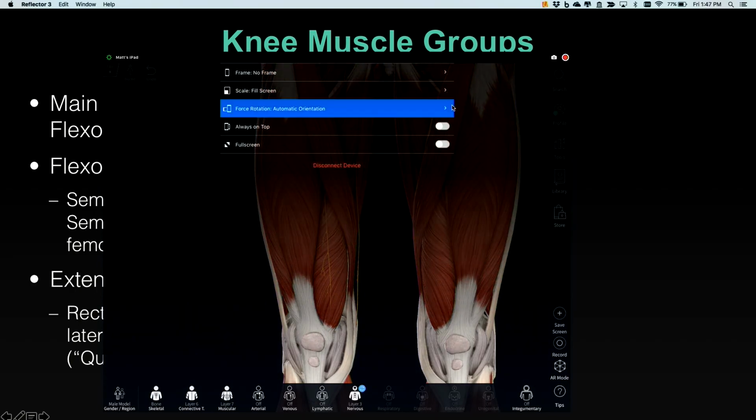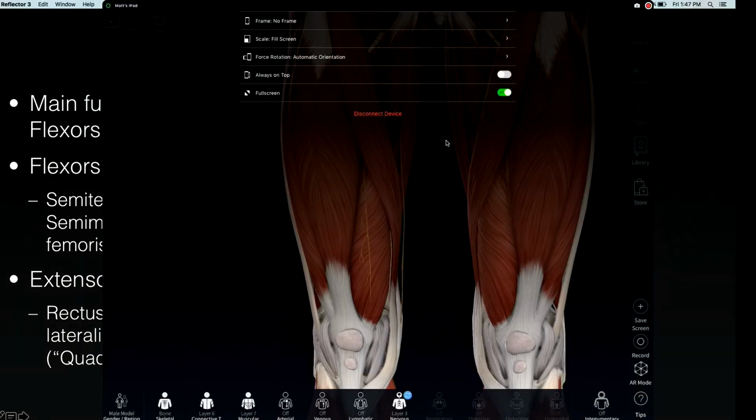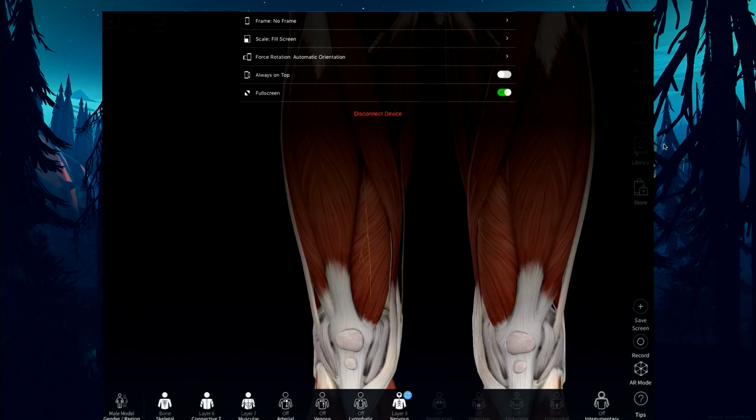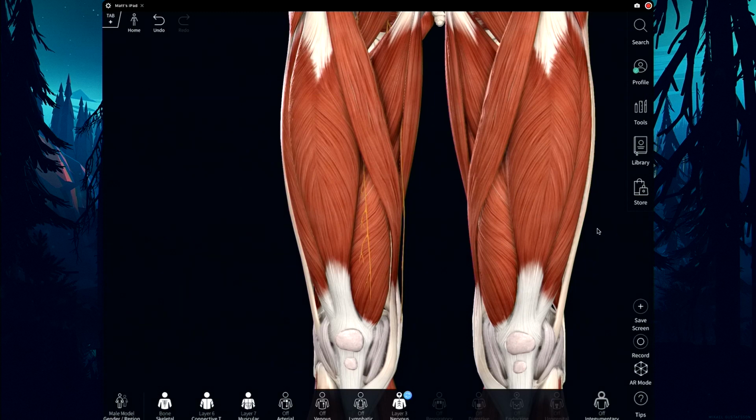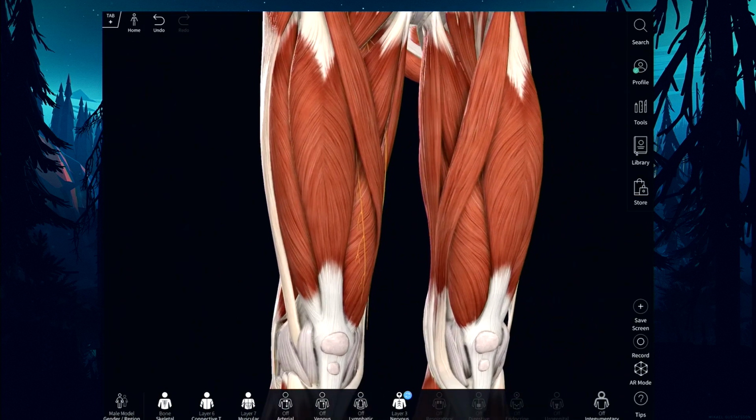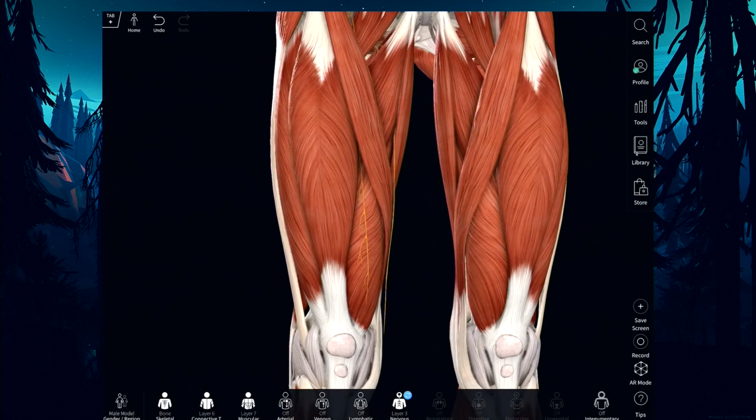There we go. Show me full screen. Let's do it. Oh, that's beautiful. Look at how full screen that is. Okay, anyways, we're gonna persevere. We are gonna persevere. Okay? This is so much better than before.